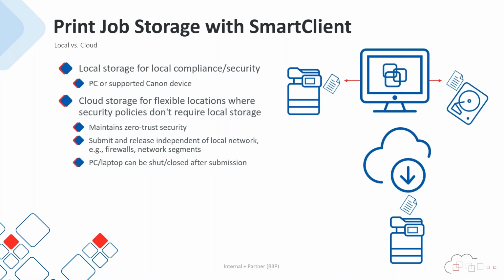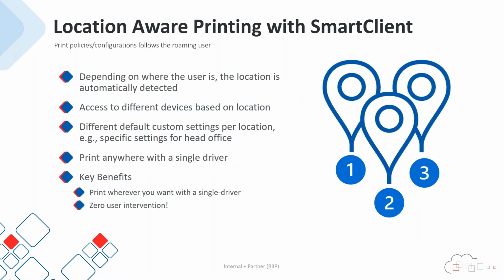That's what they want. Now, the SmartClient system is designed to automatically detect the user's location. There is some science behind that, which I won't go through today, and download pre-configured settings from the location to the SmartClient app on the user's PC.